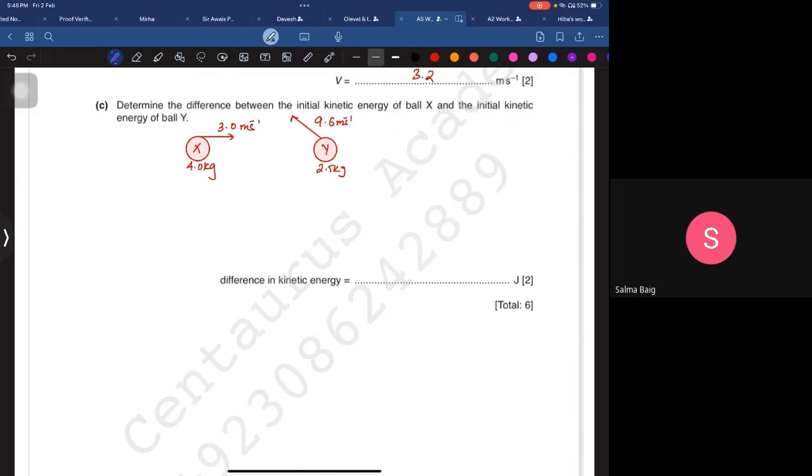So we want to find the difference of the kinetic energies initially. Initial kinetic energy of X would be half mv squared, which can be written as half times 4 times 3.0 whole square. That should come out to be 18 joules.